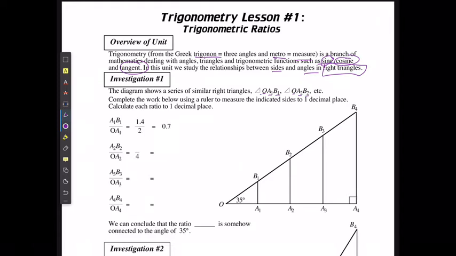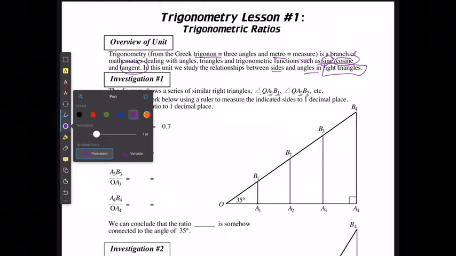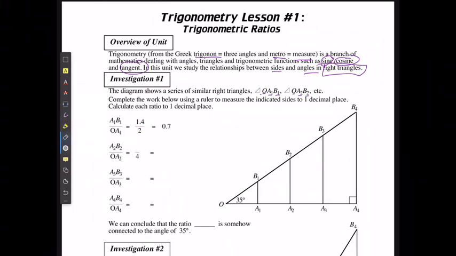For the first one, it's going to be 1.4 centimeters divided by 2 centimeters. For the second one, it's going to be 2.8 centimeters divided by 4 centimeters, which is going to give you 0.7. For the next one, it's going to be 4.2 centimeters divided by 6 centimeters, which is going to be 0.7.